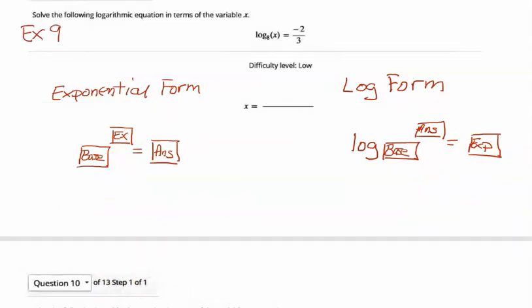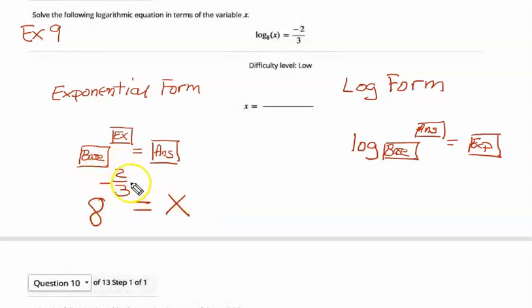Now, for example 9, as we look at it, we want to convert it to its exponential form. So our base is 8. Our exponent is a negative 2/3. And our answer is x. So we need to simplify this.